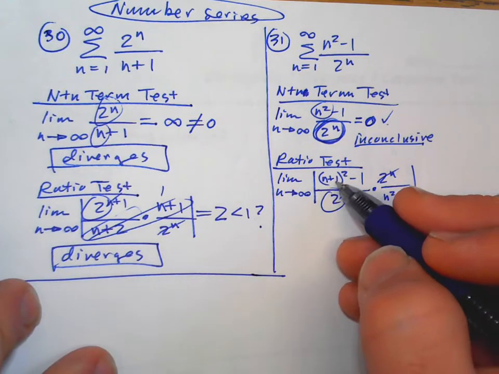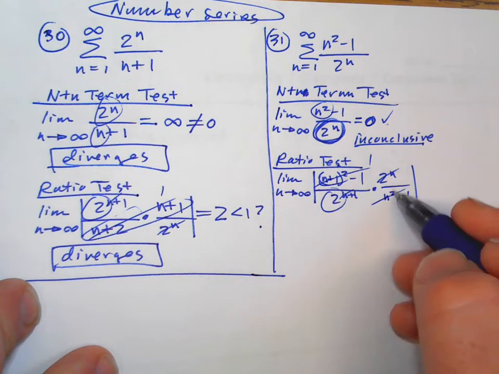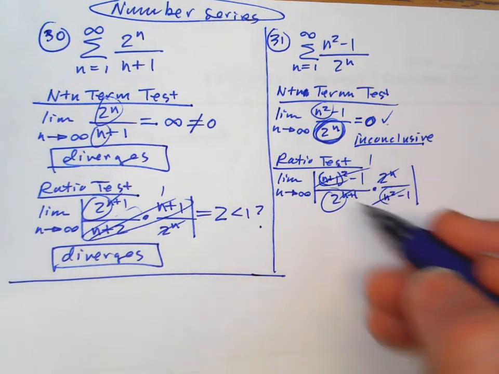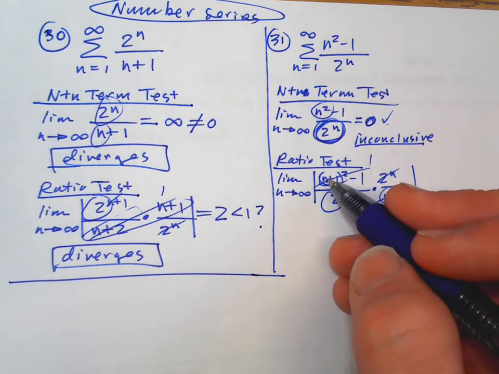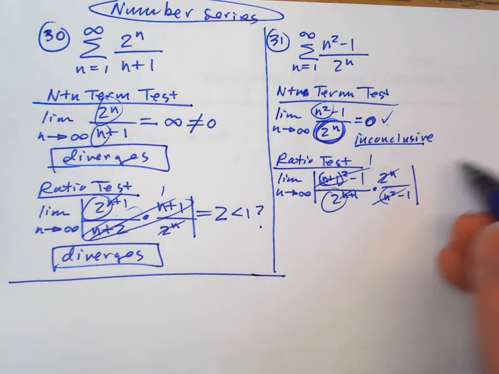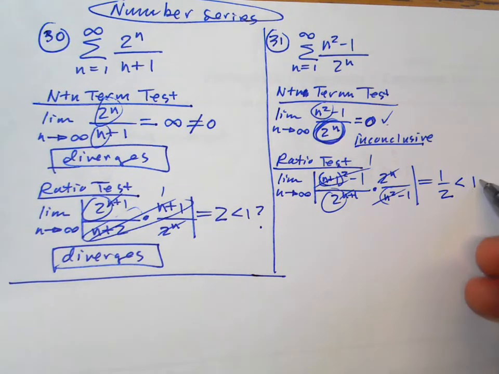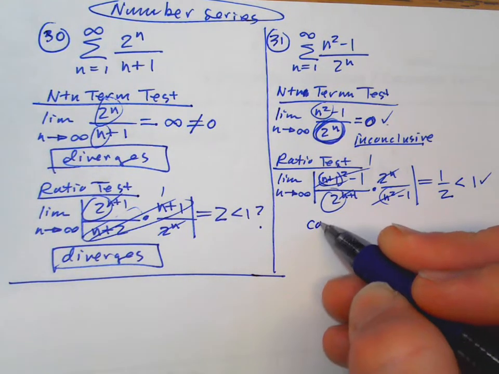And this plus 1 really doesn't make a big difference. So these are going to go to 1. Those are the dominant terms there. If you plug in infinity squared, infinity plus 1 squared, they're pretty close. So what we get is 1/2, which is less than 1, which means it converges by the ratio test.